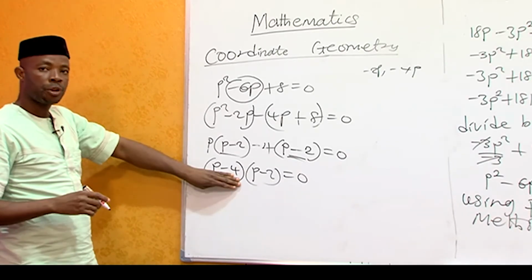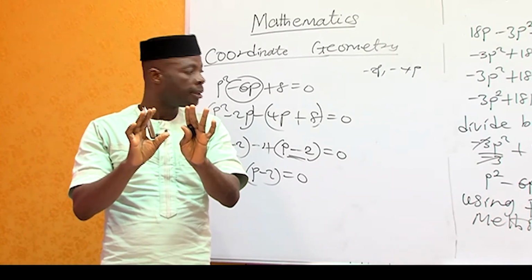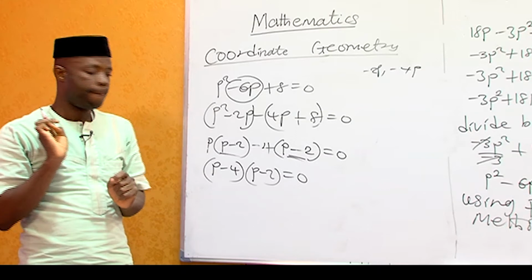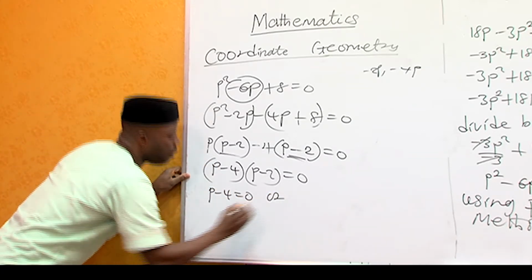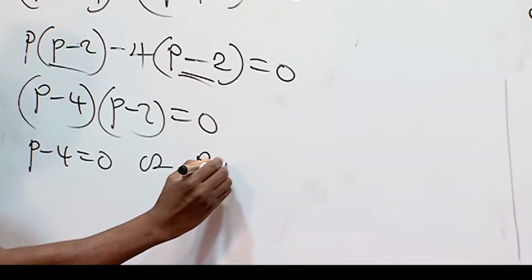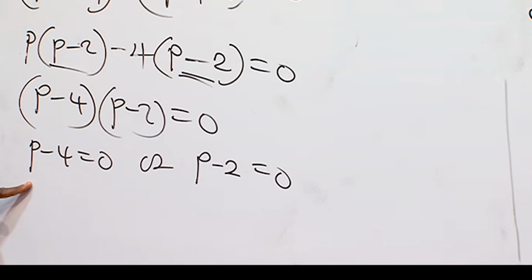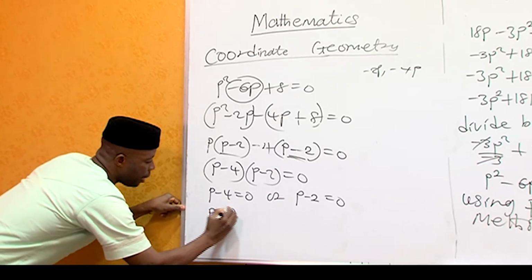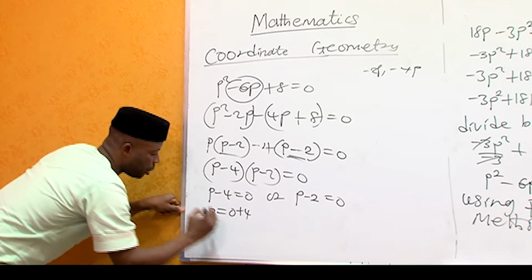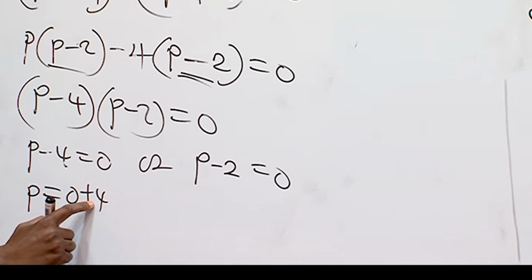We have two equations here. In a quadratic equation, the answer must be two. So P minus 4 equals 0, or P minus 2 equals 0. You collect like terms here to find P. So P equals 0 plus 4, because minus 4 crossing the sign becomes plus.